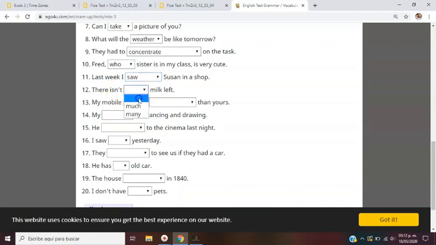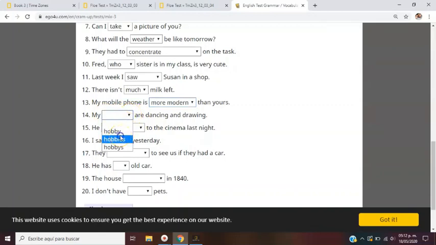There isn't much or many. Many. Okay? There isn't much, there's many milk. Much milk. My mobile phone is as modern than yours, more modern than yours, most moderner modern than yours. My are dancing and drawing.